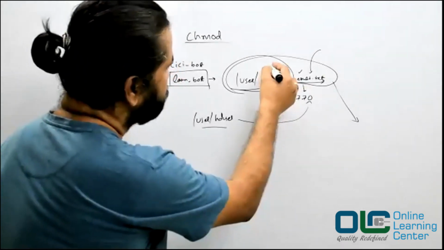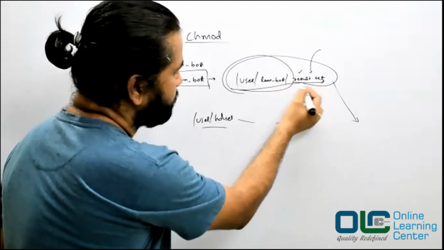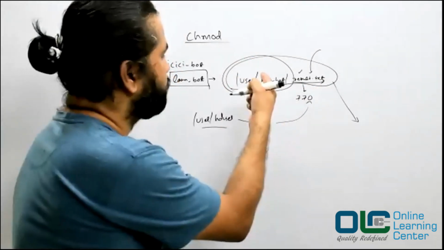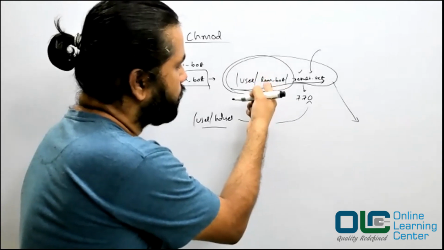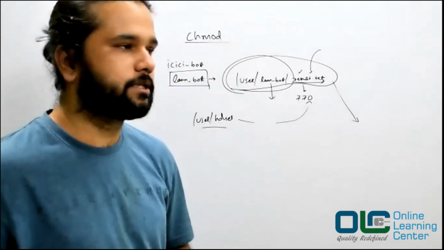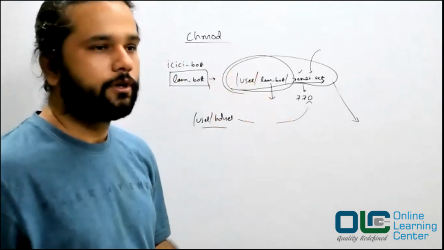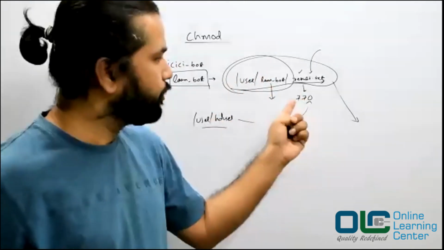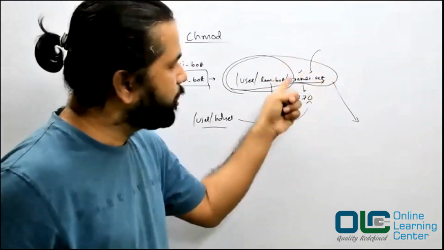Of course, to change the permission, you must have a valid token of loan bot. You cannot simply go and change the permission if you are not that user. So you need the credentials of loan bot so that you can go back and change the permission of this file.